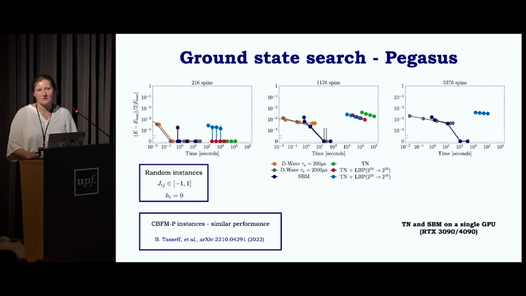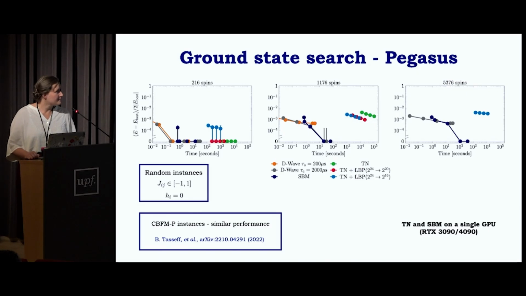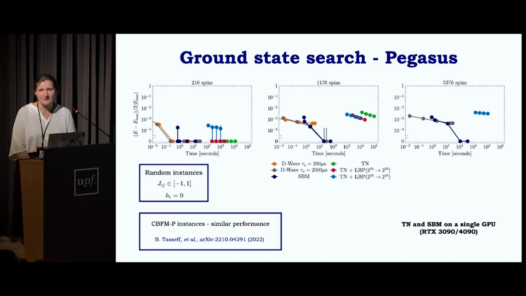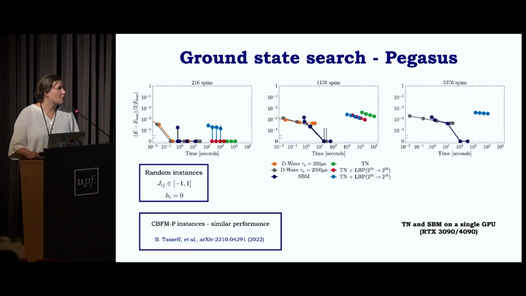However, we are not able to identify the ground state. And D-Wave quantum annealer and SBM machine identify the solutions with very high precision, sometimes optimal solutions, at very fast time scales. And as for the simulation time, you may see that SBM is fairly competitive with D-Wave. And tensor networks need orders of magnitude more time in their search than annealers and SBM.